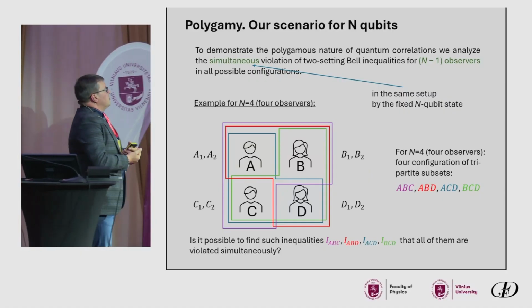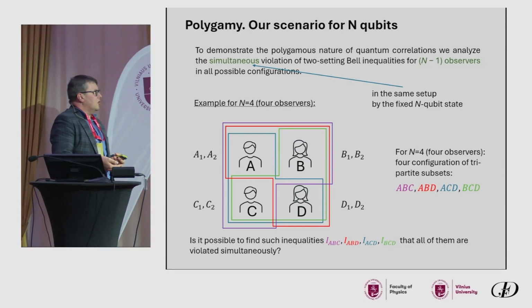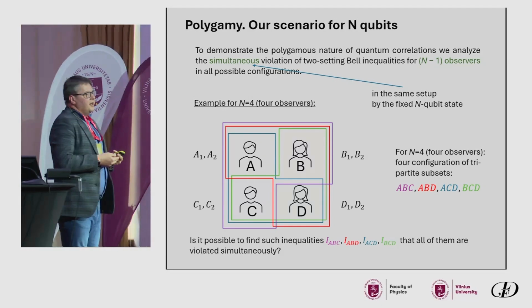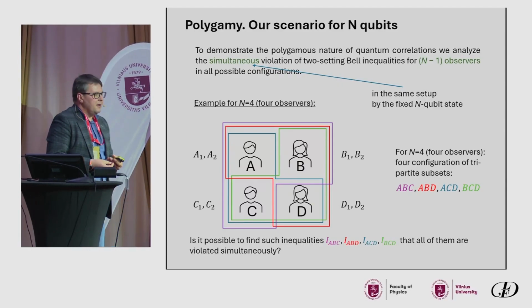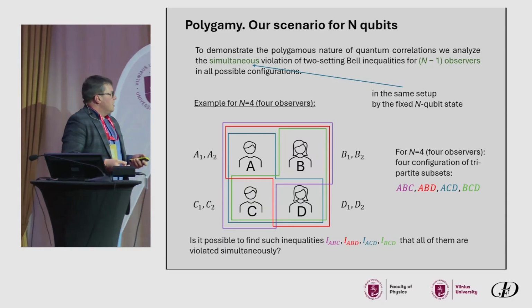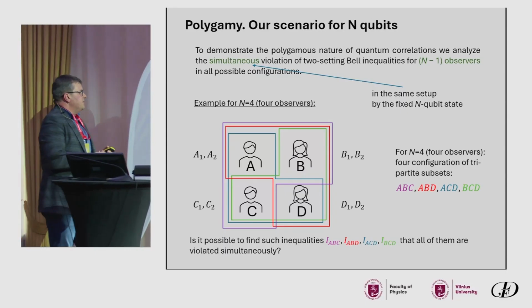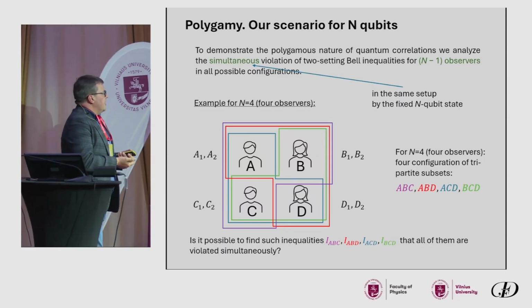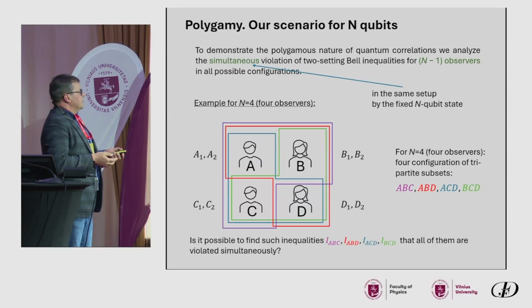In order to demonstrate the polygamous nature of quantum non-locality, we consider 2-setting Bell inequalities involving n-1 particles in all possible configurations. For example, for n equal to 4, we have 4 observers, A, B, C, and D. Each of them performs 2 alternative measurements, A1 and A2, and so on.